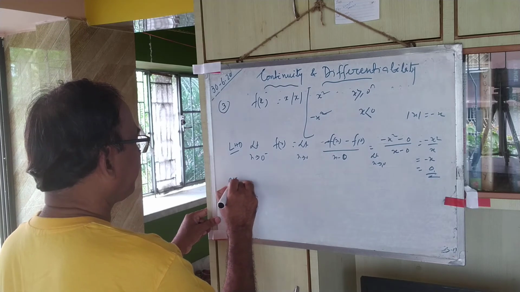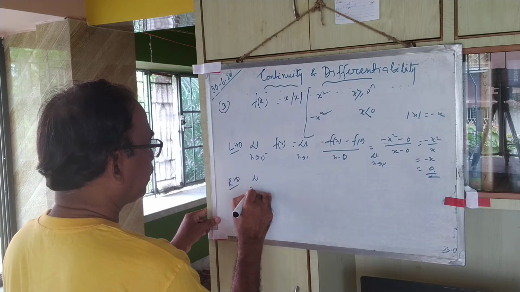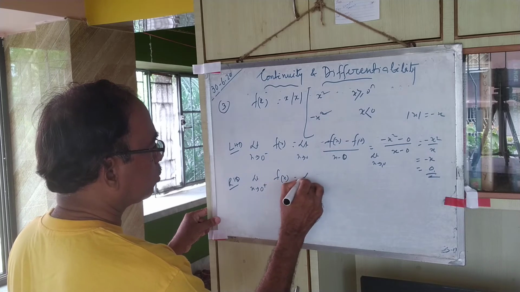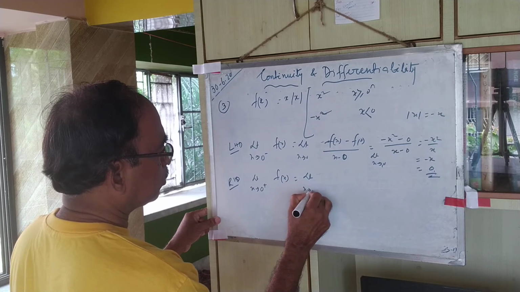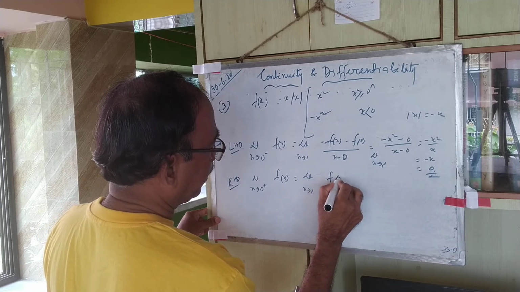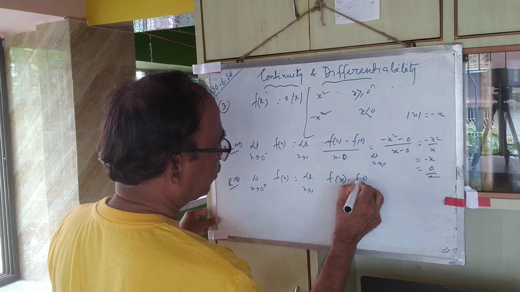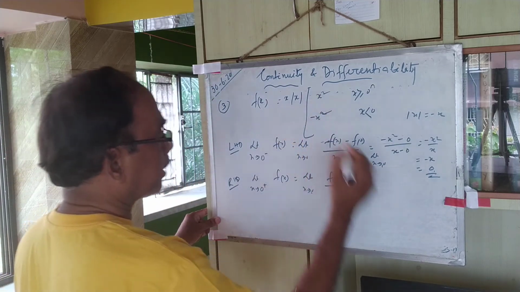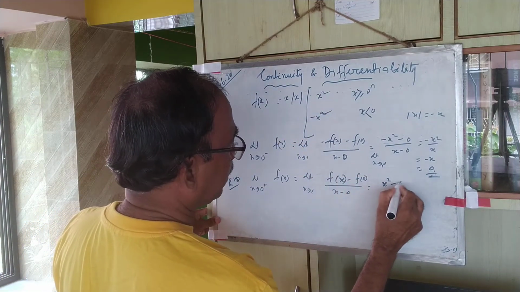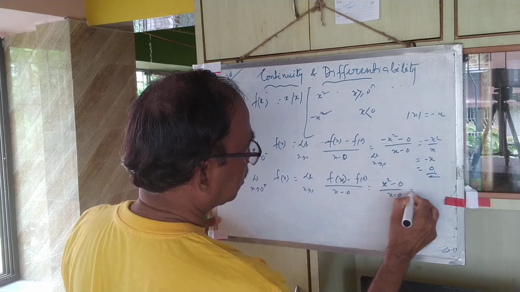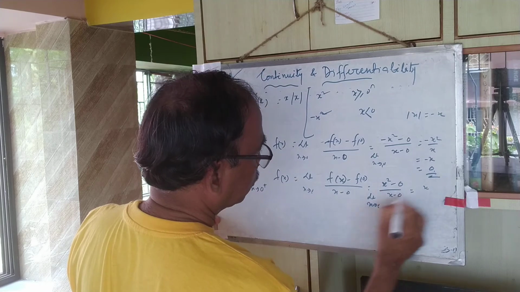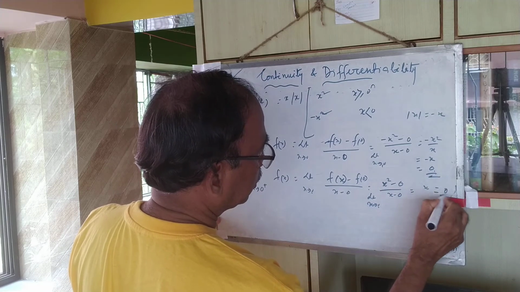Right hand derivative, limit x tends to 0 to the power positive, f(x) minus f(0) over x minus 0. For 0 positive, you have to take x square, that is x square minus 0 over x minus 0, that is x. Limit x tends to 0, that is 0.